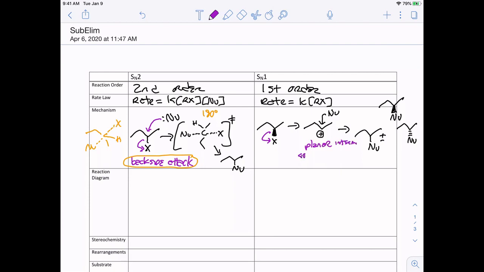So nucleophile can add from either side. So it can be coming out or it can be going back depending on what side it adds from. And if I don't have anything next door blocking one of the sides, it actually does add to both sides, so I get that racemic mixture.